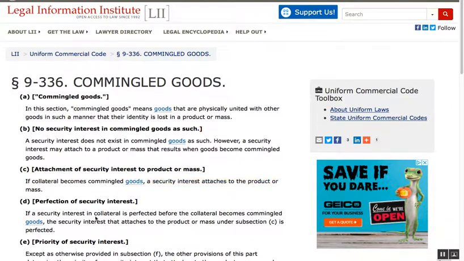If a security interest in collateral is perfected, this is the first of our priority rules. If a security interest in collateral is perfected before the collateral becomes commingled, the security interest that attaches to the product or mass is perfected. And so what does this mean?